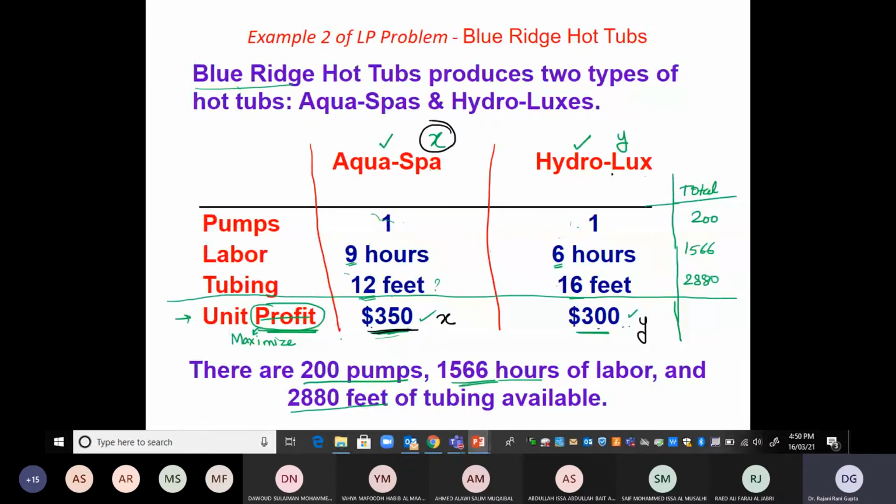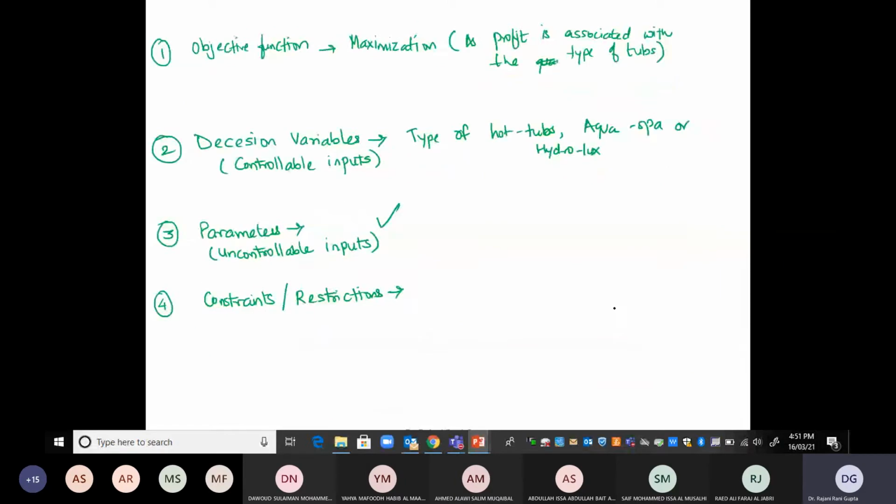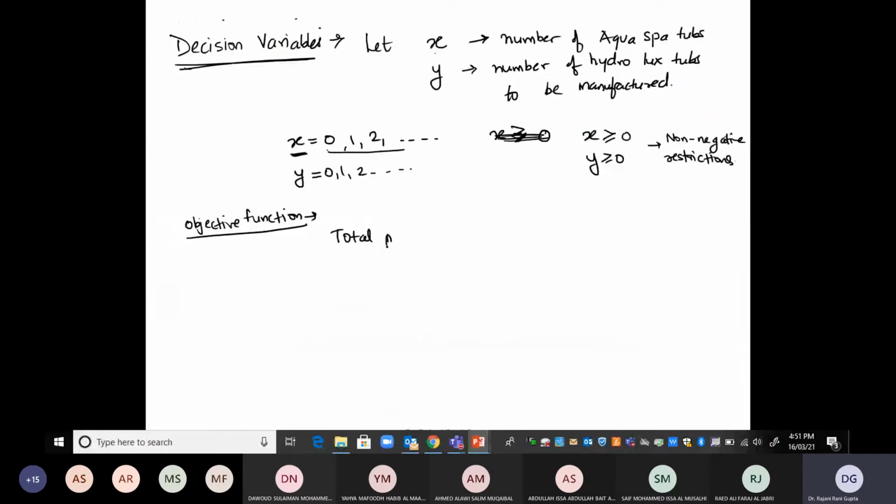The objective will be to maximize total profit, and total profit comes from Aquaspa tubs plus Hydrolux tubs. For Aquaspa, how much is it? 350X, and for Hydrolux it is 300Y.